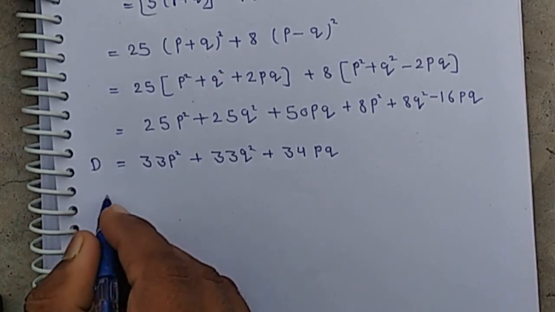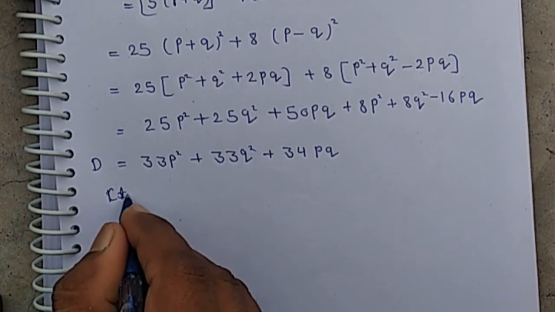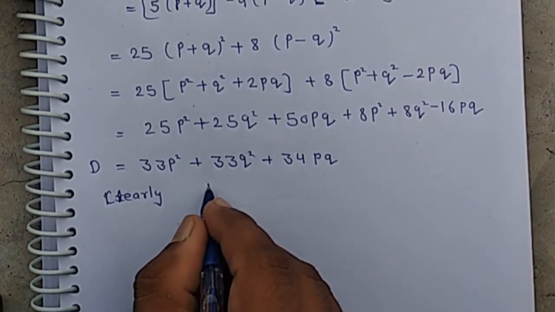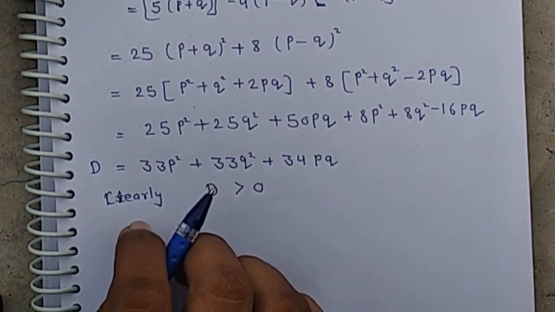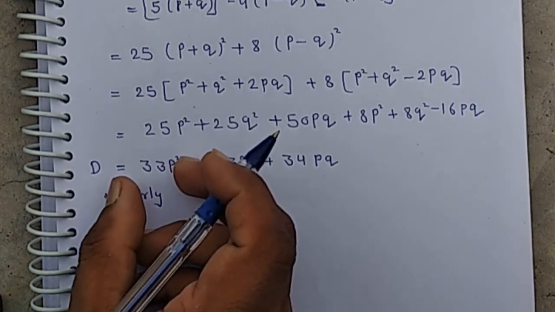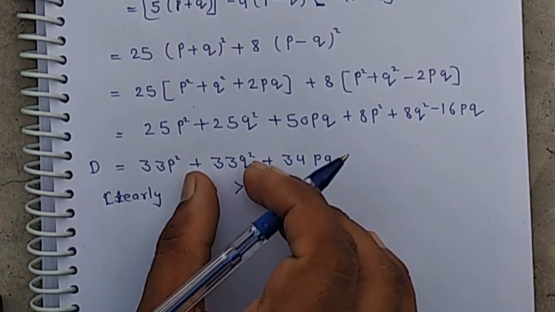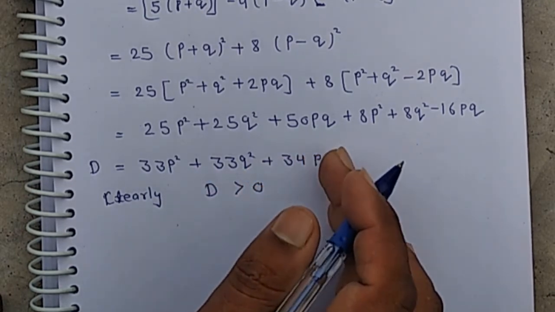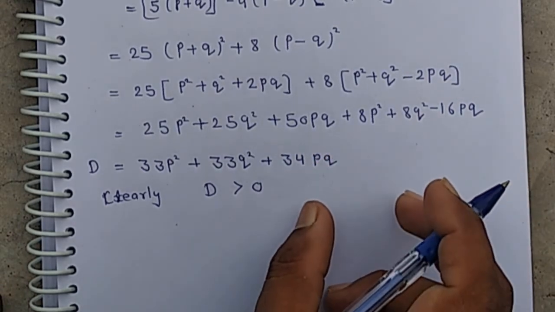Clearly, the value of D is greater than 0 because 33p square is a positive quantity, 33q square is also a positive quantity, and 34pq, since p is not equal to q, is also a positive value.